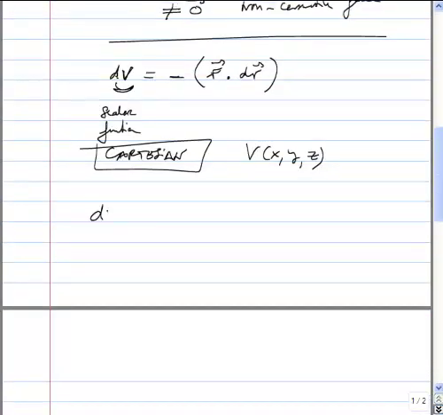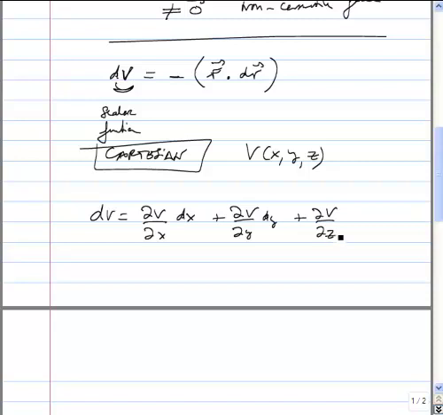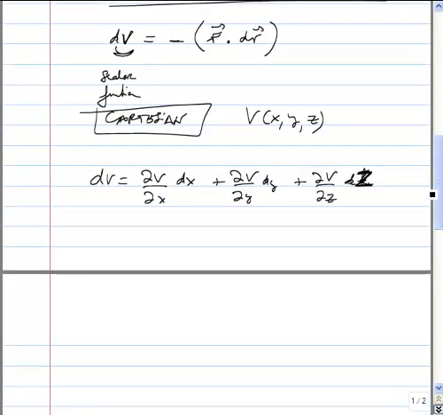So dV can be written as the partial derivative of V with respect to x dx, plus dV/dy dy, plus dV/dz dz. And this must be equal to minus F dot dr if it exists.